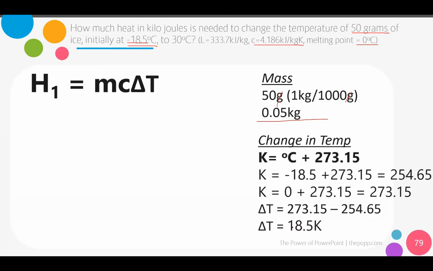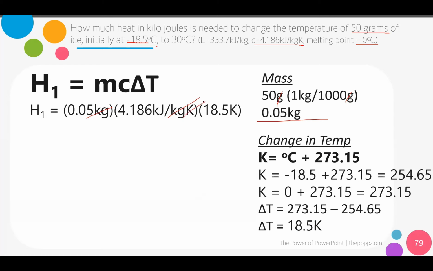And then subtract natin silang dalawa, 273.15 minus 254.65, that is 18.5 Kelvin. And that is the change in temperature. So next, substitute. So cancel kilogram and cancel Kelvin, since magkakapareho lang.